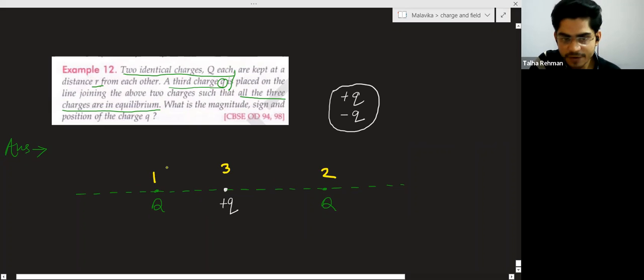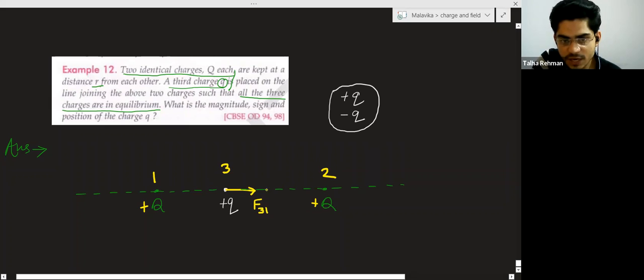Now I want to calculate the force on charge 3 due to charge 1. So direction will be, because this is positive, this is also positive, this charge is positive, this charge is positive, direction of force on charge 3 due to charge 1 like this.